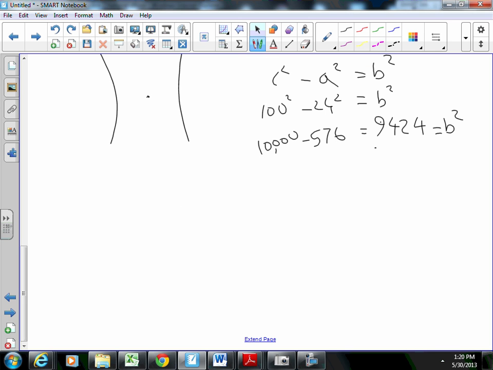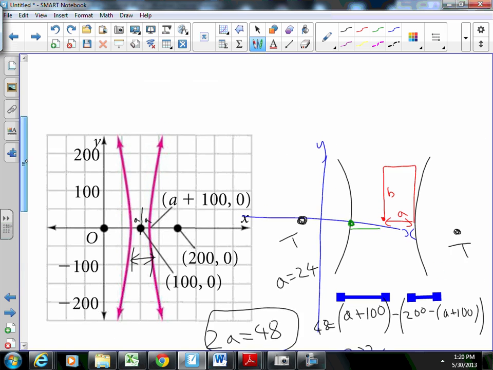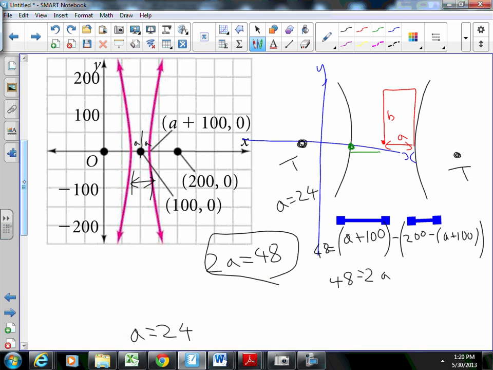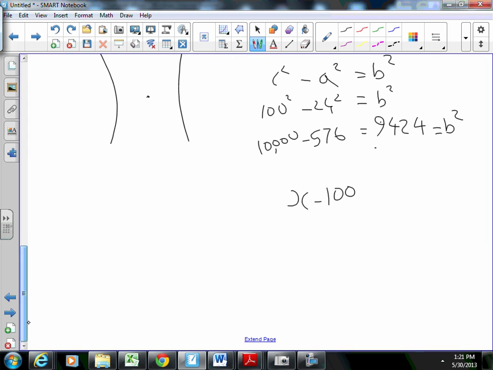All right. Now, to write an equation, it would be x minus h, which we know is going to be 100, right? That's minus 100, simply because the distance here is 100. That's going to be our center. So it's x minus 100 over A squared, 24 squared.